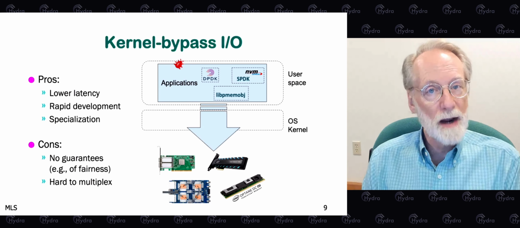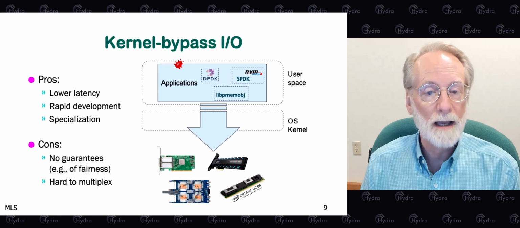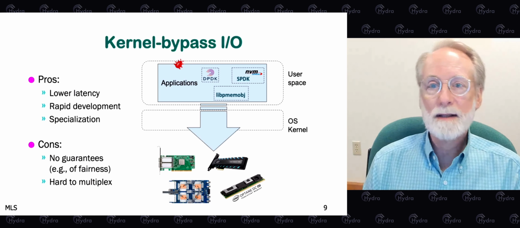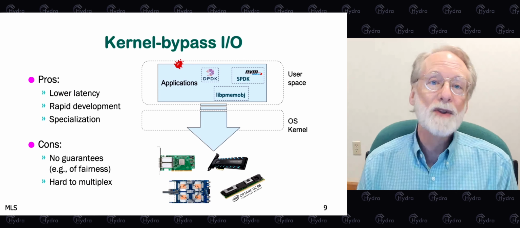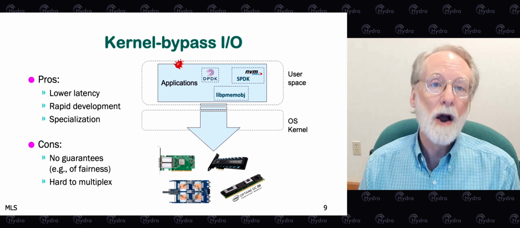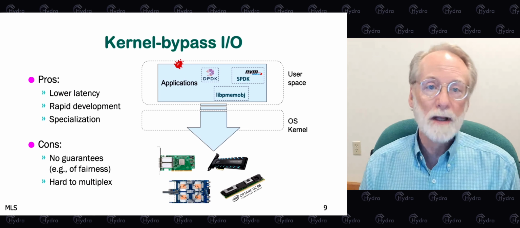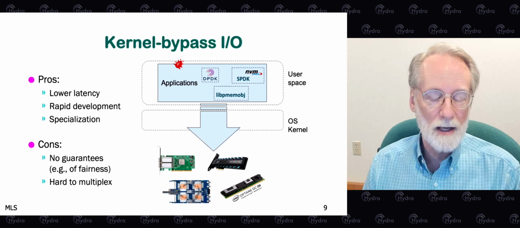Those registers are set up by the kernel, and then the applications can touch the device registers directly. But the only fairness that we get, the only division of resources and scheduling that we get, is whatever the device itself does in hardware in its I/O virtualization mechanism. And that's probably just round-robin scheduling across the request queues of the applications.